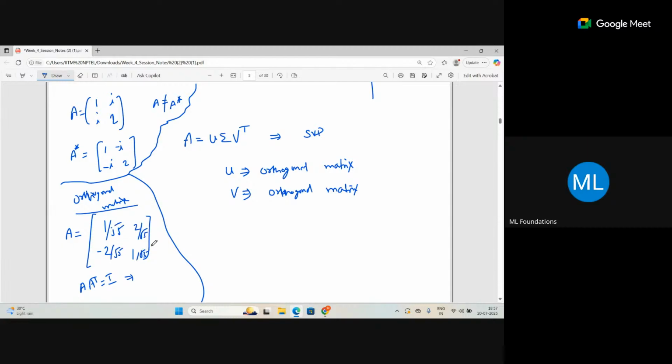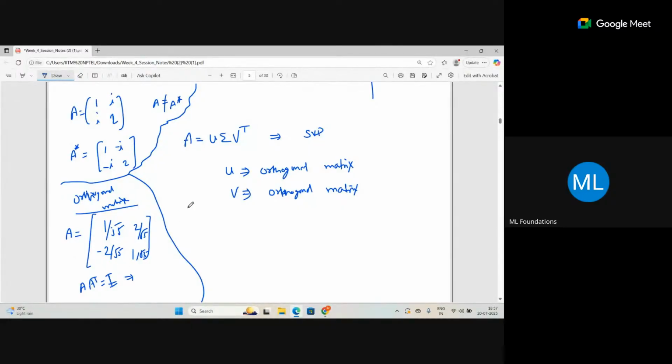Okay, I think maybe we'll not make it too complex. Let's say when we call it an orthogonal matrix, this is true. So the columns of these two vectors are going to be orthogonal to each other, plus they are orthonormal, right? That means the norm of these vectors should be equal to 1.